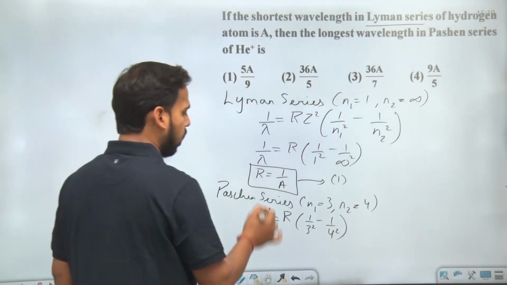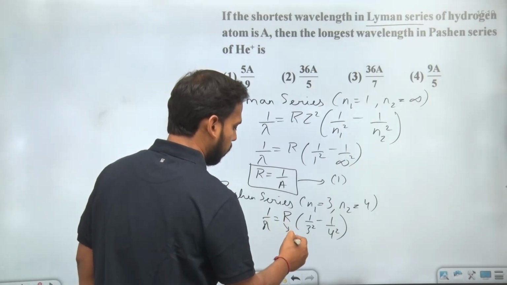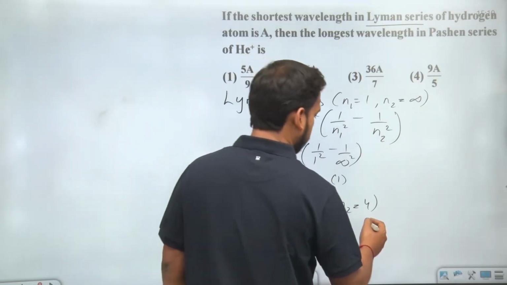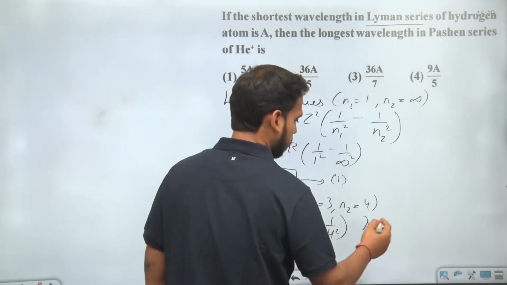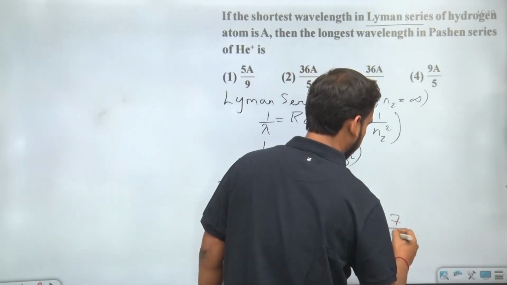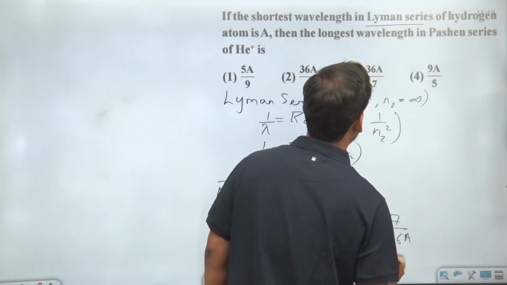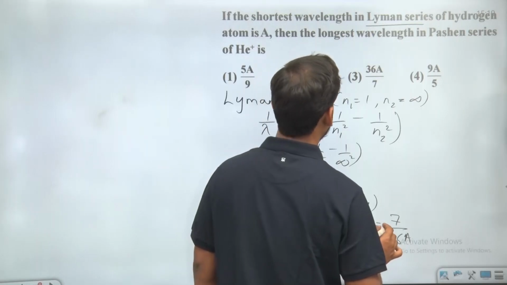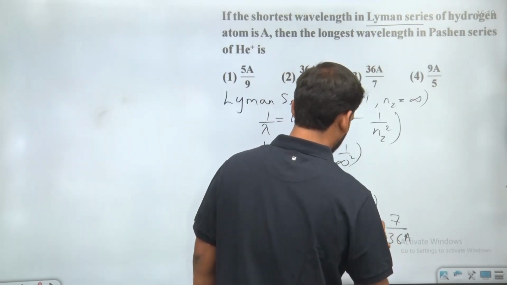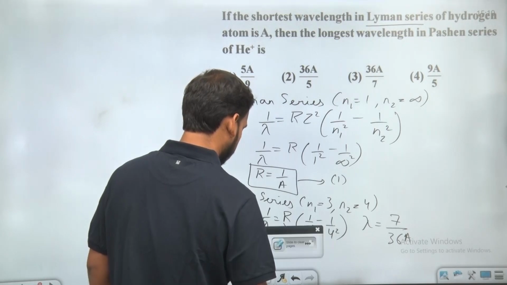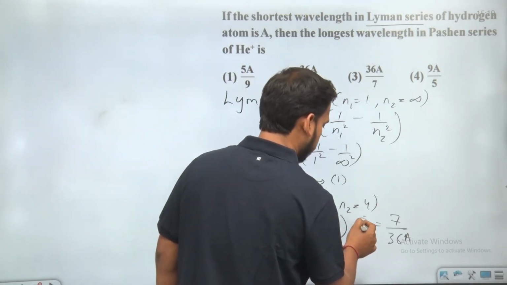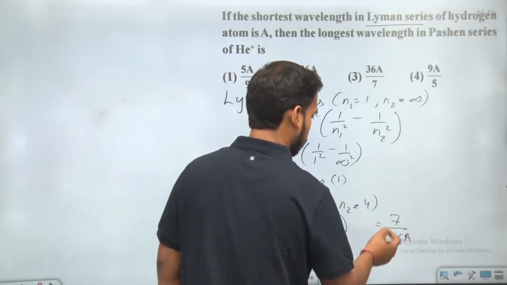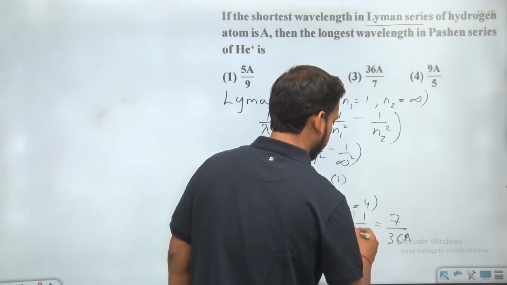And R we can put as 1 upon A. While solving this, we will get 1 upon lambda equal to 7 by 36A.